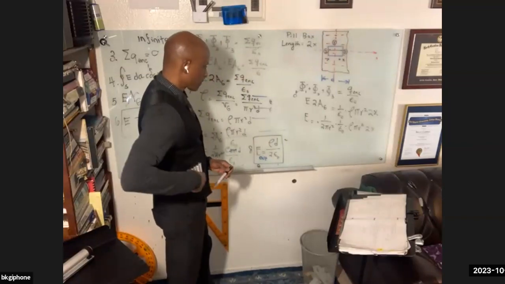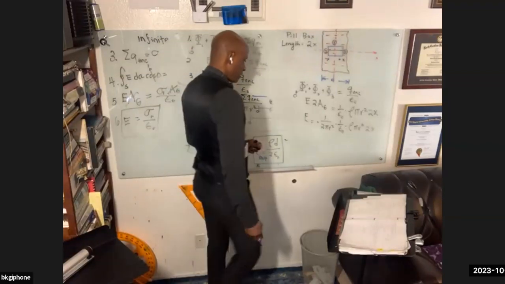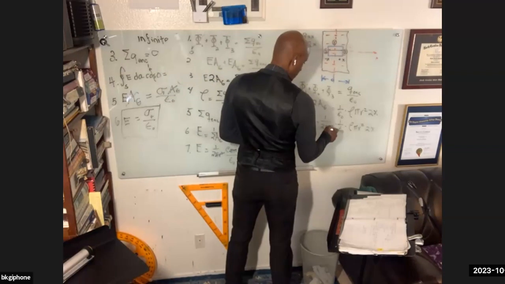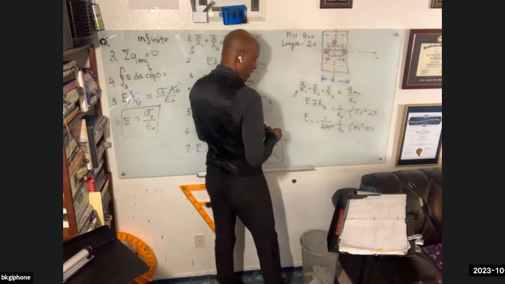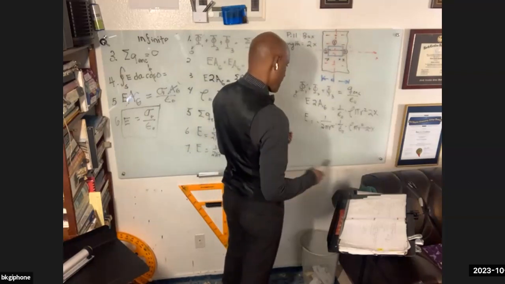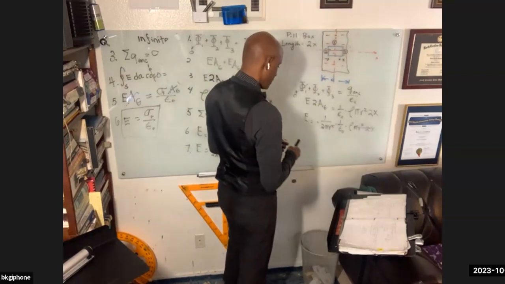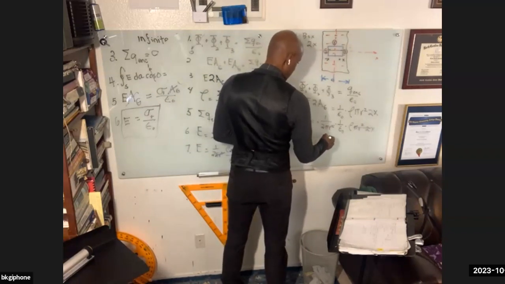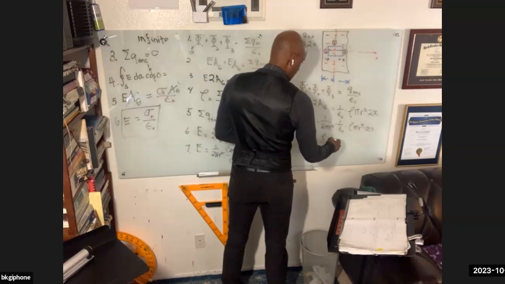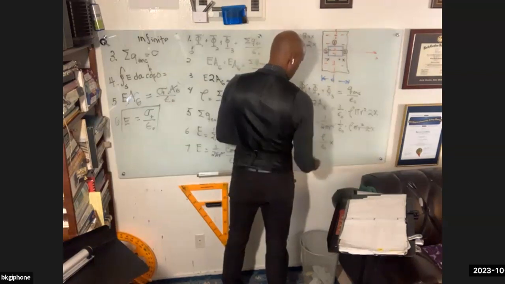You're going to get 2 pi r squared here, canceling 2 pi r squared here. And my final answer is that now the field is not constant. It's linear. It goes as x. It's proportional to x and is equal to rho over epsilon naught times x.